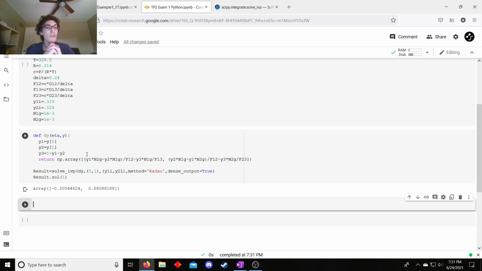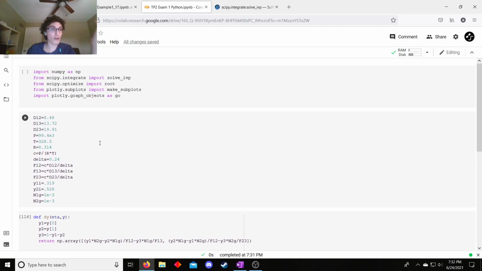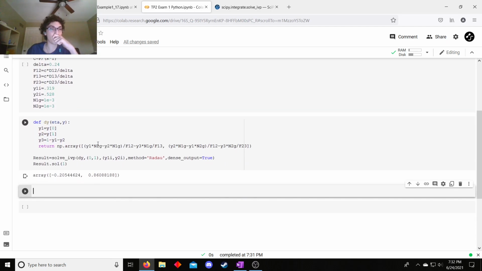So 1 is at the very end when z equals delta. And we know from the problem that the mole fraction is 100% air at that point, which means that the mole fraction of acetone and methanol should be 0. These are not 0. That means that our guess is wrong. Our guess for N1 and N2 is wrong.